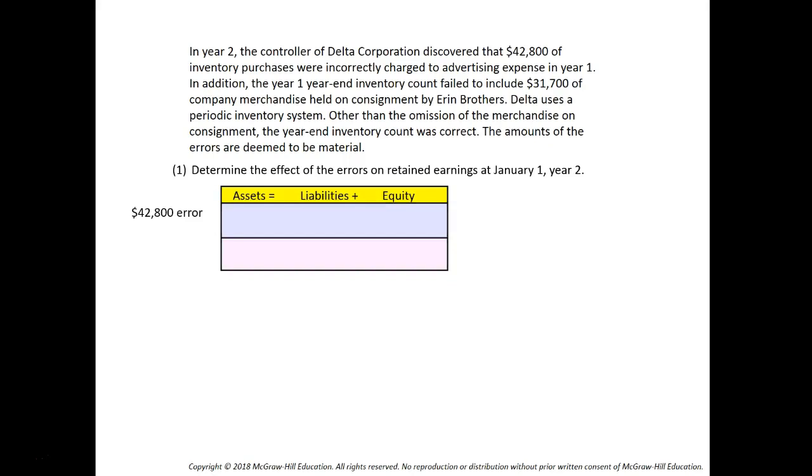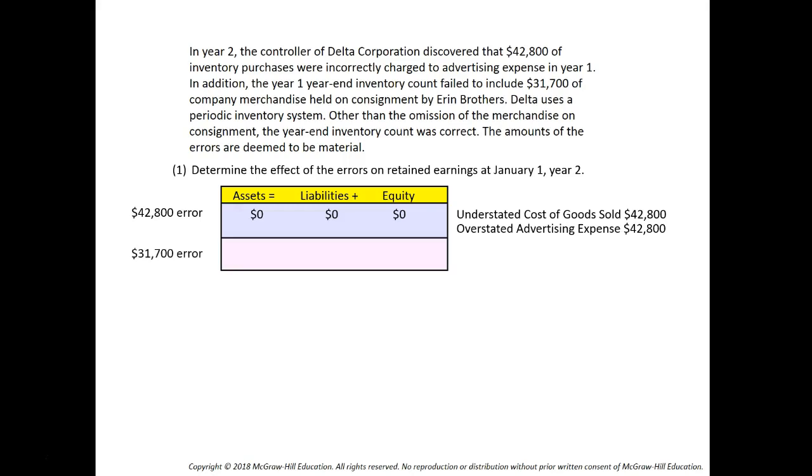So as we see here, the $42,800 of inventory purchases were included in advertising expense in year 1. So the cost of goods sold in this year was understated by $42,800, and our advertising expense was overstated by $42,800.